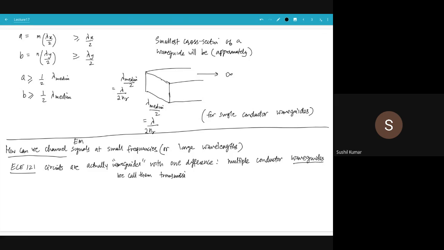Now, when you study in 123 or 121, people don't use this terminology, because you don't necessarily need it. We don't deal with fields that much, and it is more complex to think about. We just deal with currents and voltages and Ohm's law.